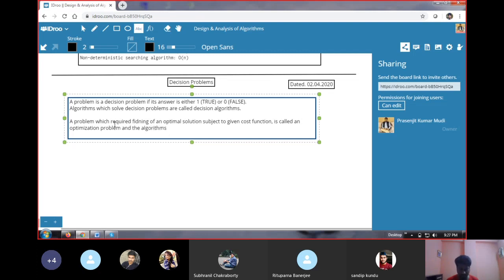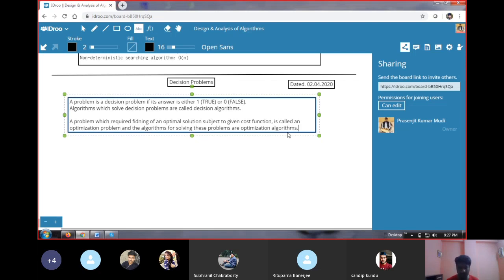Algorithms for solving optimization problems are optimization algorithms. And time complexity.